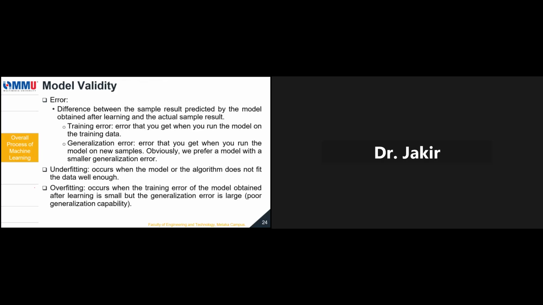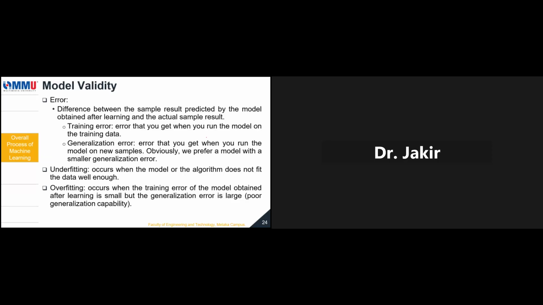There are some model validity measures. We find the MSE, the mean square error, or RMSE, root mean square error, and mean absolute error. There are many formulas to find out the performance, and then we can say whether this model is valid and strong or not valid.